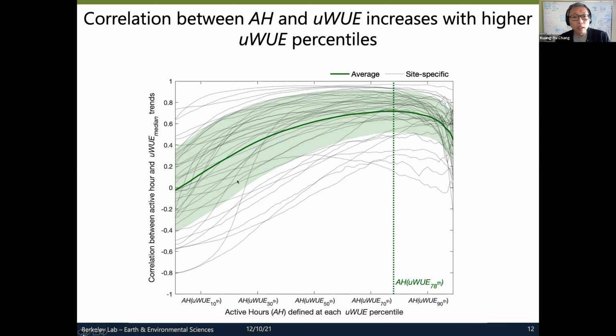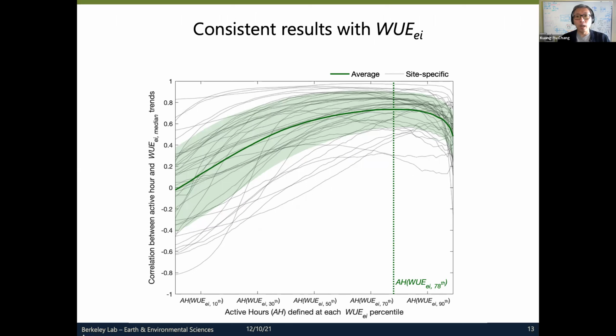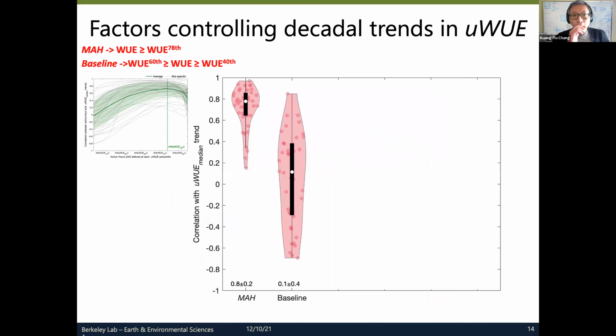We note that the site-specific MAH threshold may be lower or higher than the 78th percentile, as shown in the gray solid lines, and I'll discuss the sensitivity of inter-site variability later. Consistent results were found with inherent water use efficiency, but I won't go into details here.